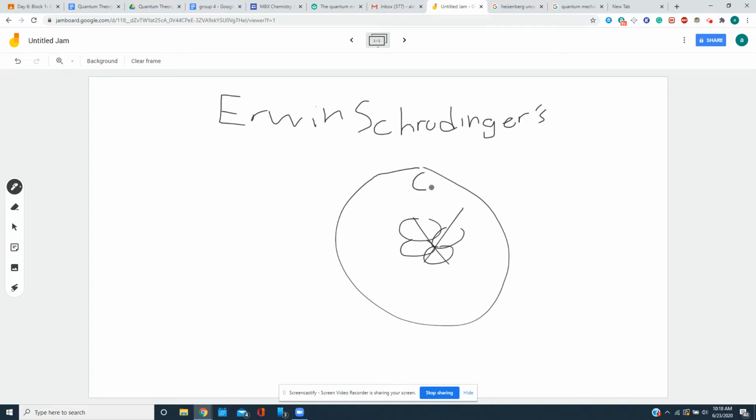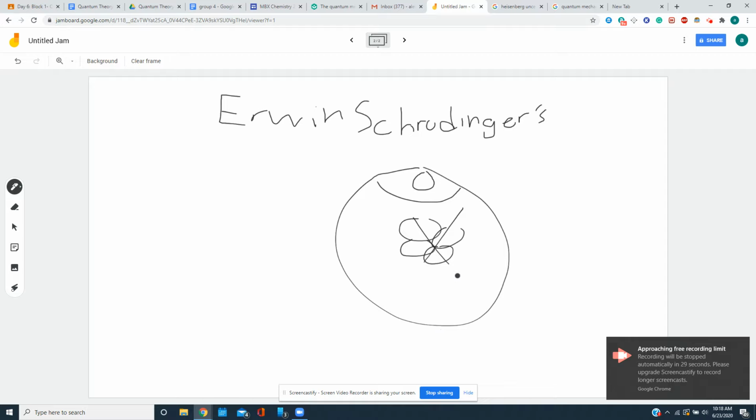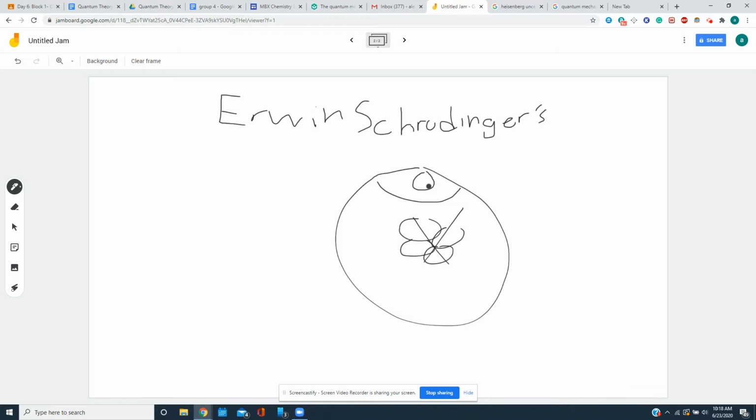Pretty much what it said was, let's say the electron is right here. We would not be able to see it, but there would be a 98% probability that the density in this little area, because there's an electron here, would be more dense, which would allow scientists to find the location of these electrons.